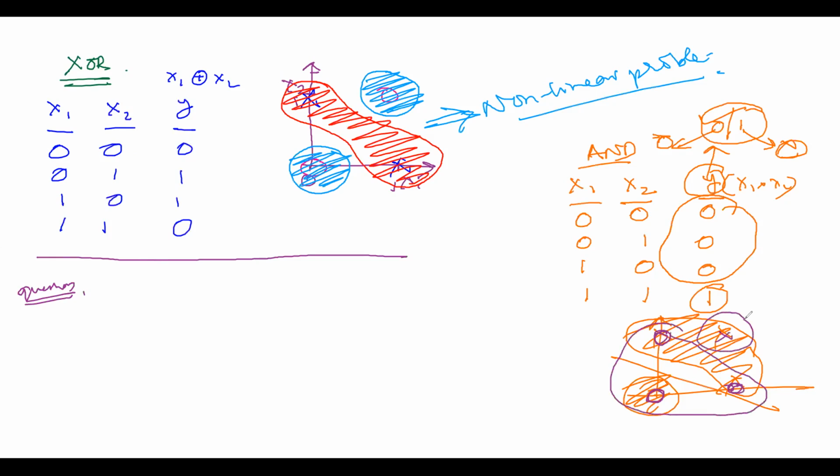So you try to draw this AND gate, OR gate, NOT gate, NAND gate, XOR gate, then NOR gate. Write the table alongside the figure distribution graph.